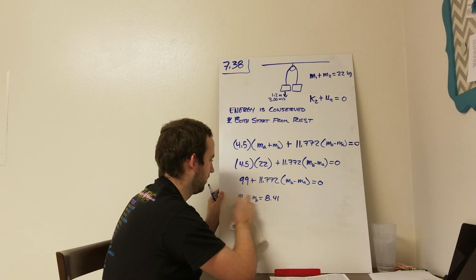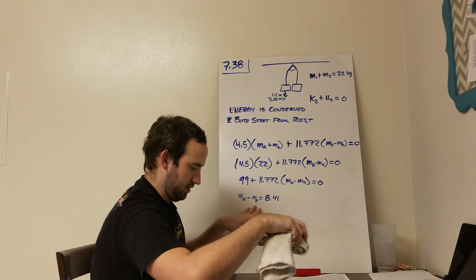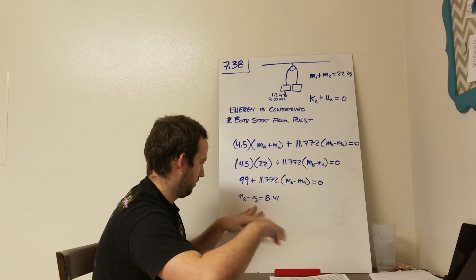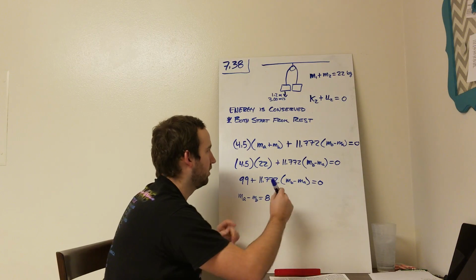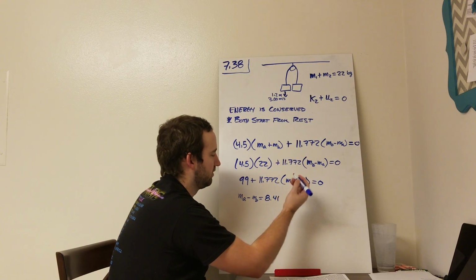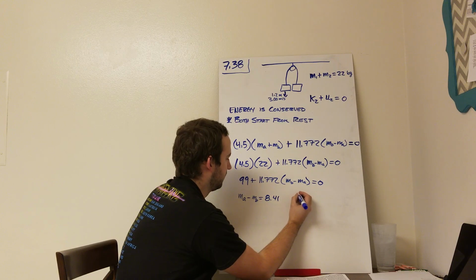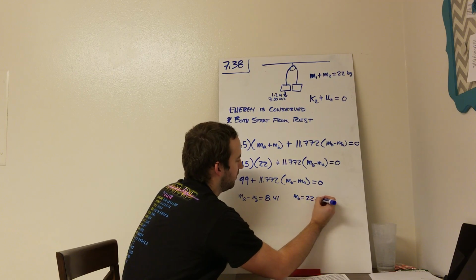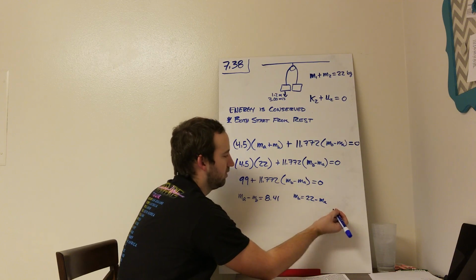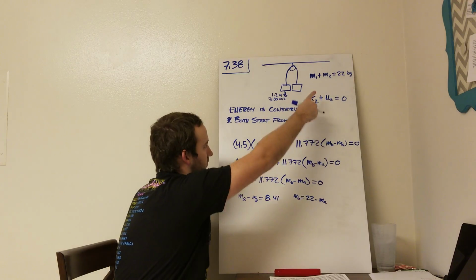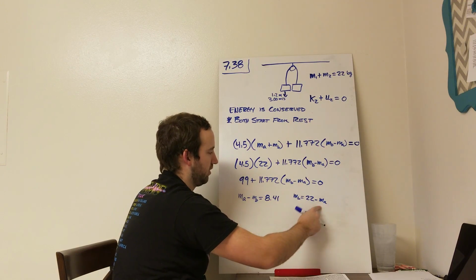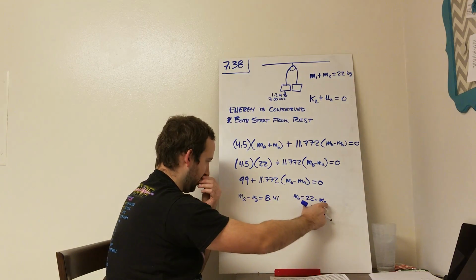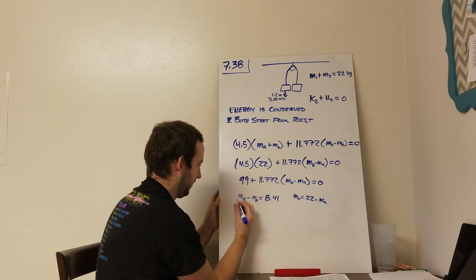So we have this, but we know that mB equals 22 minus mA, right? Because we know the total is 22, so 22 minus mA equals mB. So let's just plug this in for mB.